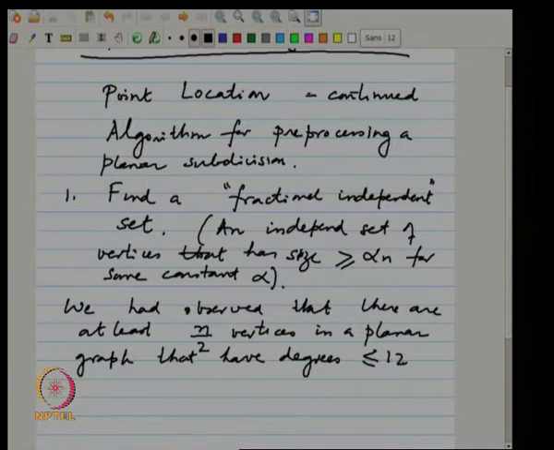That followed from Euler's formula. So we have a fairly large number of vertices which are bounded degree, bounded by this number 12.